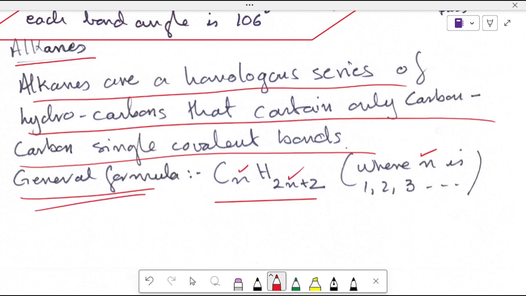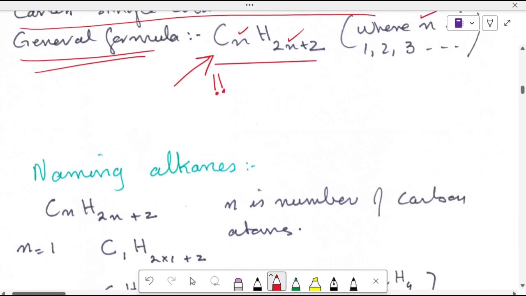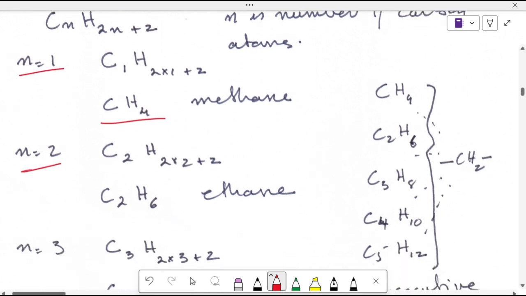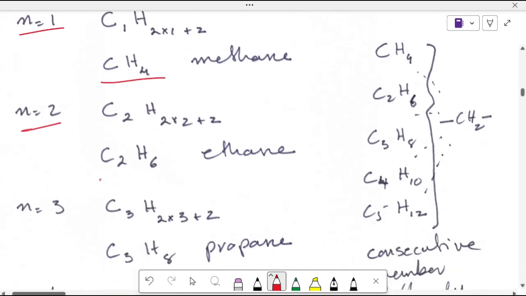So when you know this formula, you can make out the formula of any carbon compound with any number of carbons. But the most common I have written: number 1, methane, when carbon is 1, with the formula CH4. Carbon number 2, you put the value of n and it comes out to be C2H6.